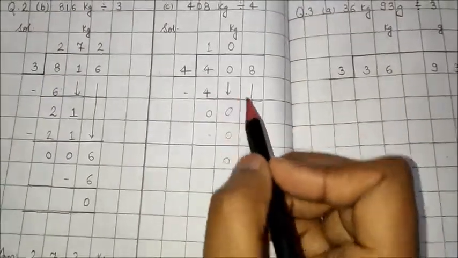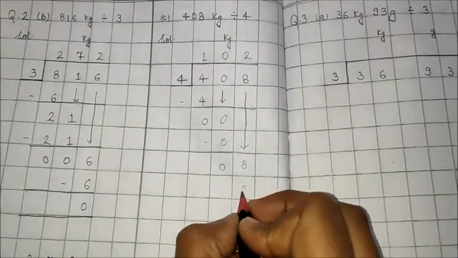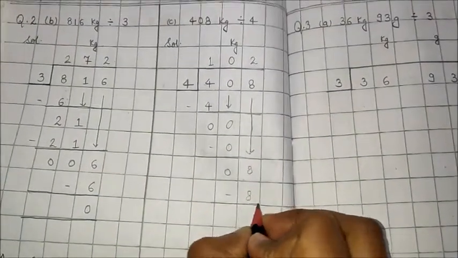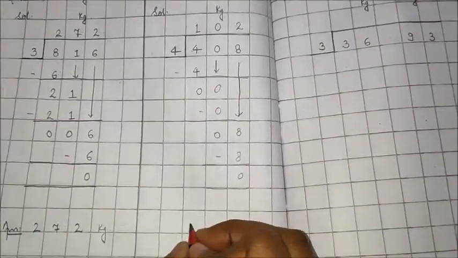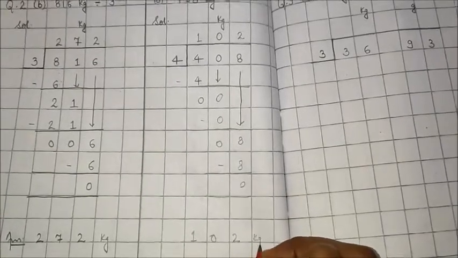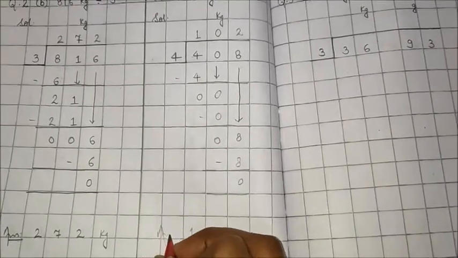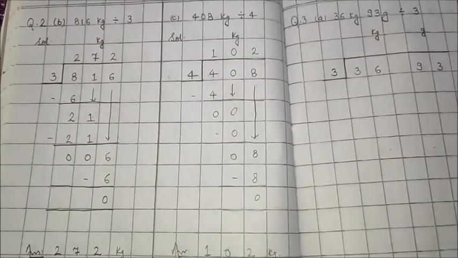So in the table of 4, 8 comes 2 times. So we'll take 2 times 8 and then subtract. The remainder will be 0 and the answer is 102 kilogram because ये भी kilogram में था. That's why 102 kilograms. This is the answer. Similarly you can do other two parts.